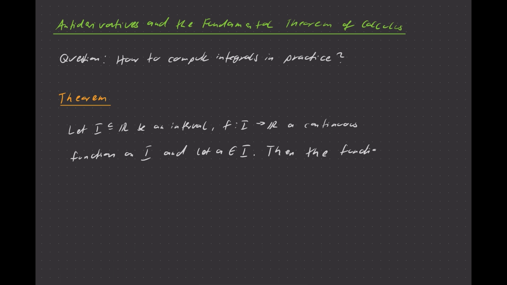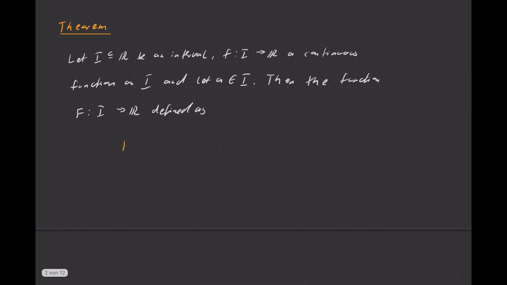We define a function capital F that also is defined on the domain I. And this function is defined as capital F of x is the integral from a to x, so x appears in the boundary, of the function f of t dt. And of course that definition is valid for any x in the interval I.